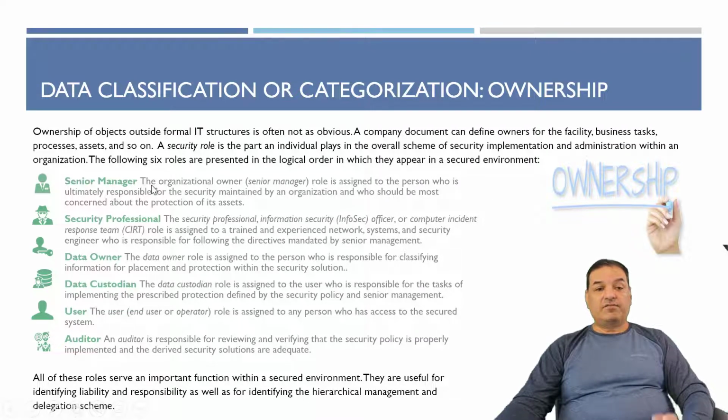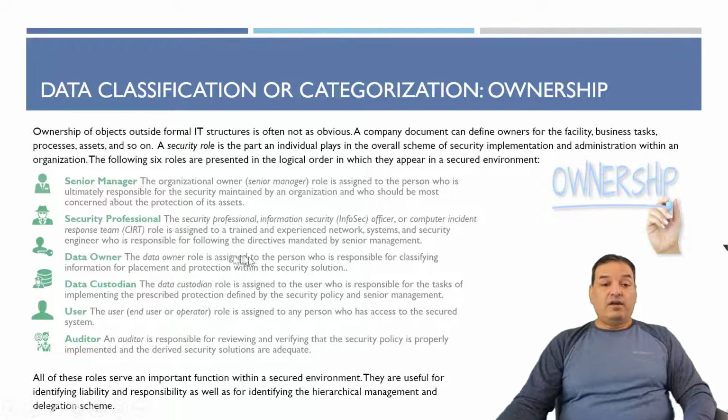Senior manager, the organizational owner, is assigned to the person who is ultimately responsible for security managed by an organization. For example, your CFO might be the senior manager who's accountable for protecting the financial data of an organization. Security professionals, or officers, or computer incident response team, CERT, role is assigned to a trained and experienced network, systems, and security engineer who's responsible for following the directives of the senior management in protecting the data.